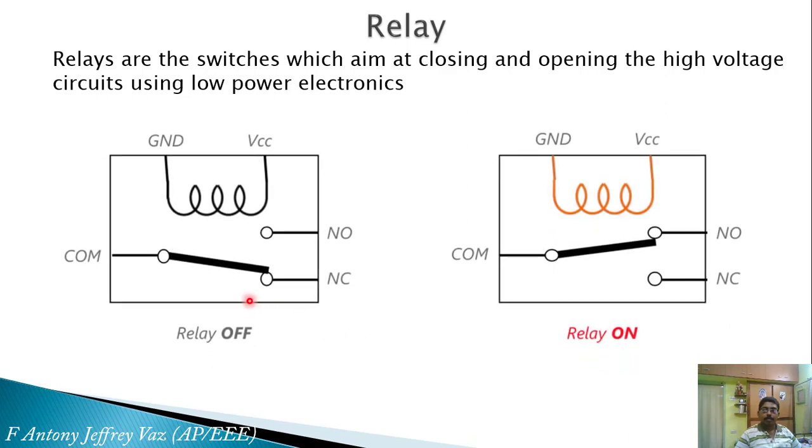This is the relay. You see a coil over here. This coil is nothing but an electromagnet. It has three other terminals known as common, normally open (NO) and normally closed (NC). Now the relay is in the off position. There is no excitation given to the coil.